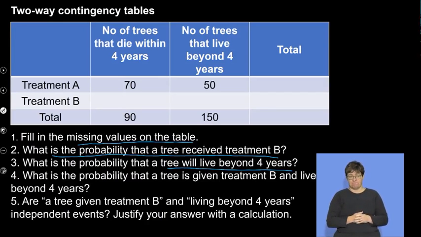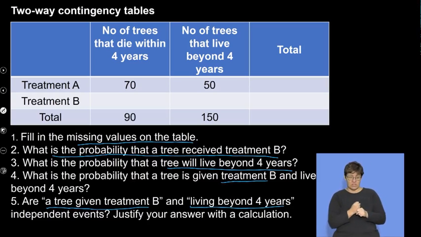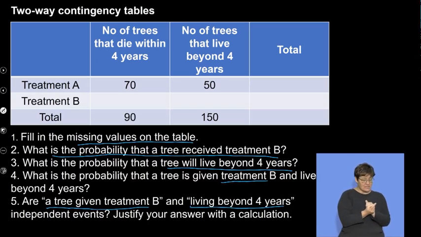And our fourth problem, what is the probability that the tree is given treatment B and lives beyond 4 years? Then our last question, are a tree given treatment B and living beyond 4 years independent events? Justify your answer with a calculation.